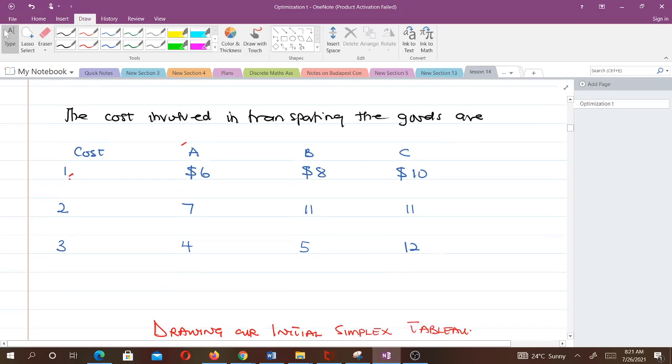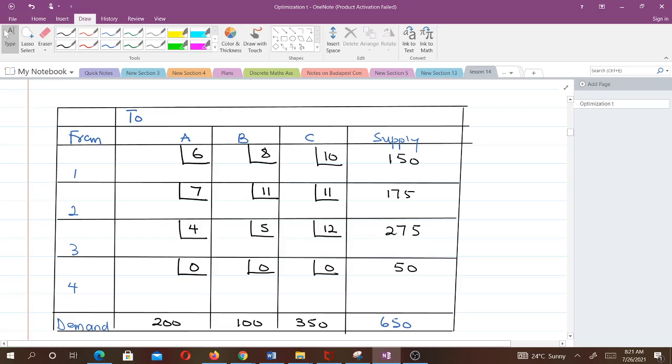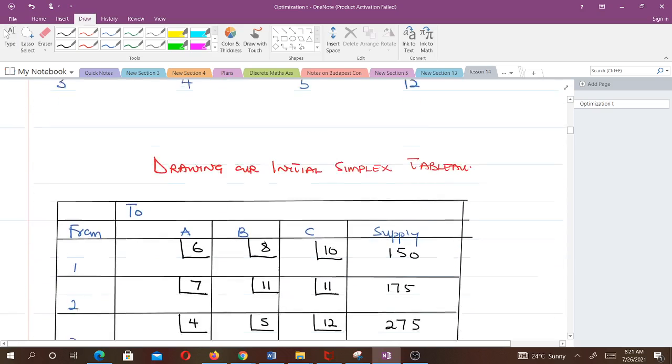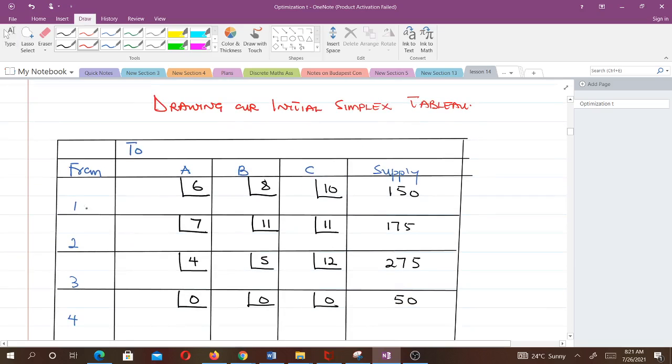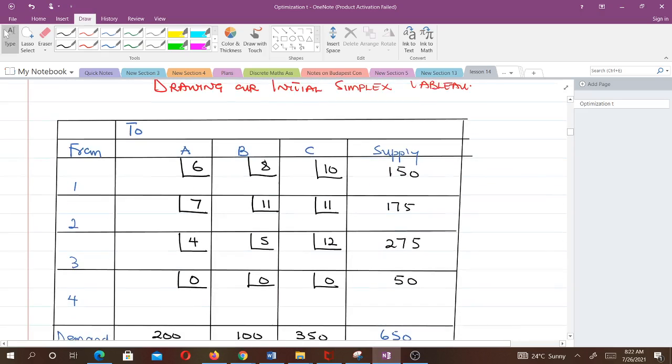So this is how we are going to draw our initial tableau. You can see that from 1 to A, from 1 to B and the rest, we are going to use the costs that we have here. So with the problem itself, when we draw the tableau, this is what we are going to get.